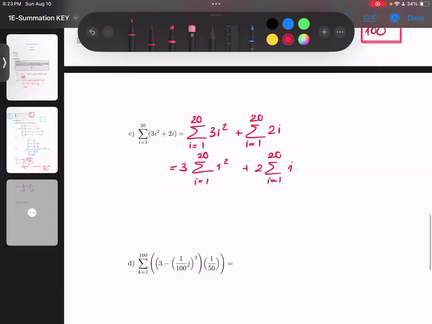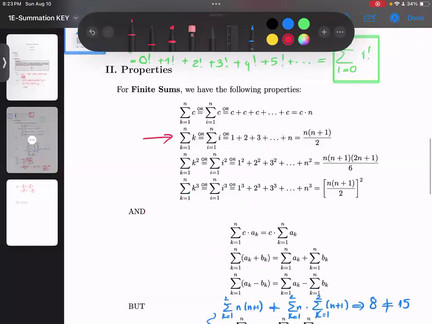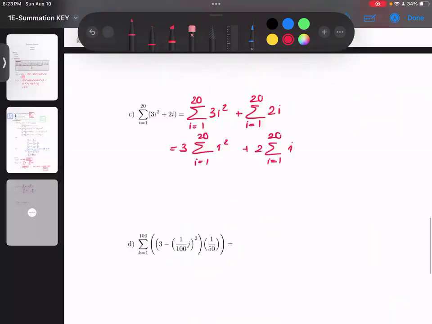For i squared, we have this rule, and then for i, we have this one. Right, so we're going to scroll up and down quite a bit. Here n is 20. So 3 times 20 times 20 plus 1, 20 times 2 plus 1, is that right?